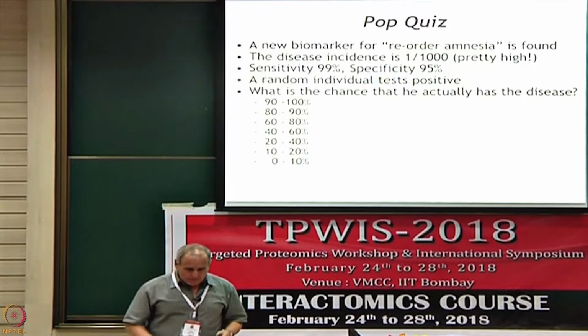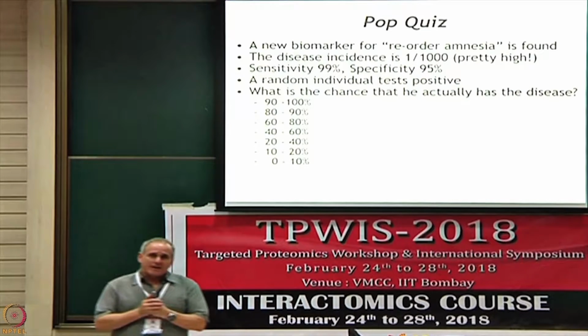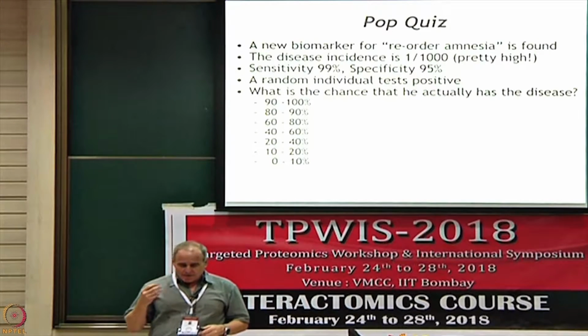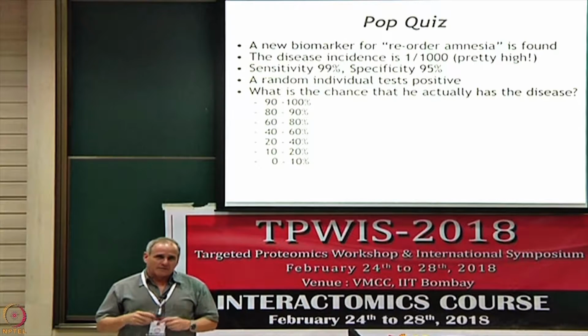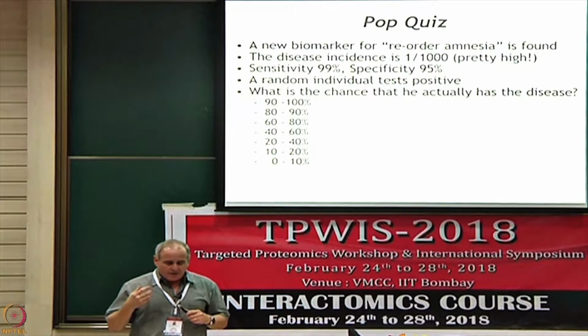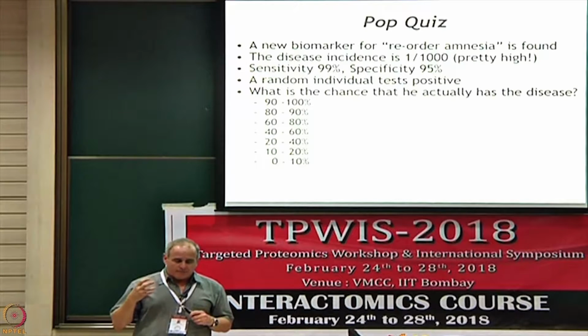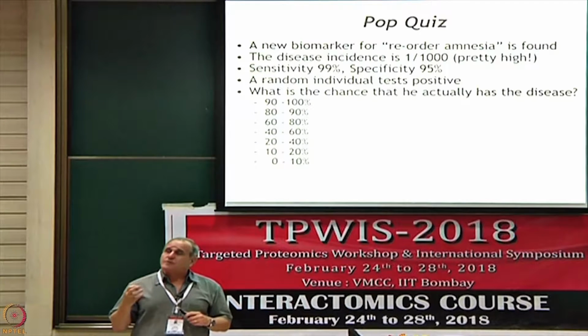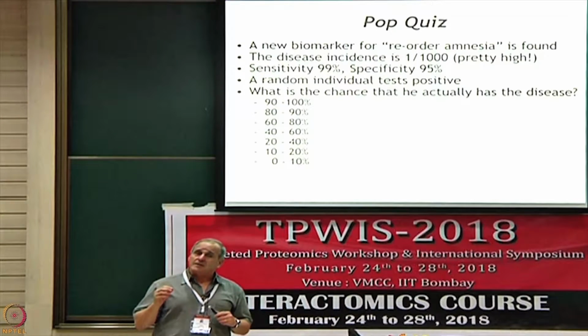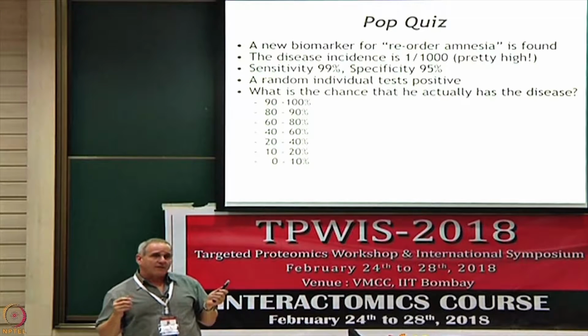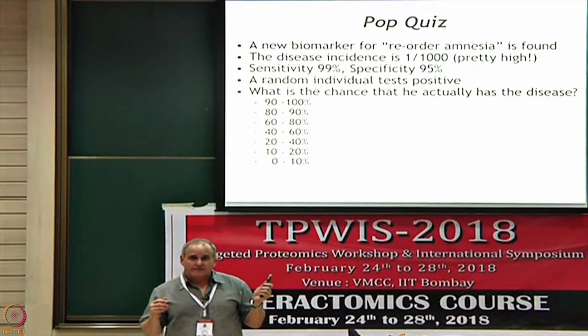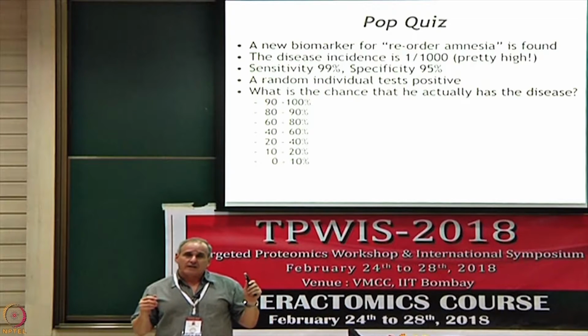Okay, so we're going to do a little quiz now. This is a quiz for, in this case, a test called reorder amnesia. The disease occurs in 1 in 1,000 people. So it's a pretty common disease. The sensitivity of our test is 99%, and the specificity is 95%.